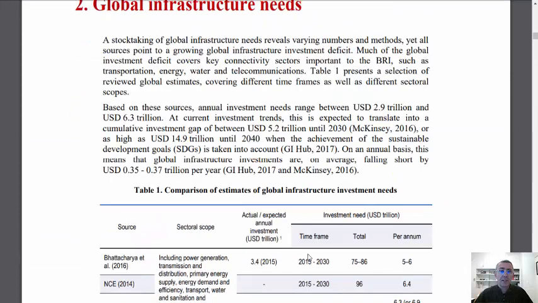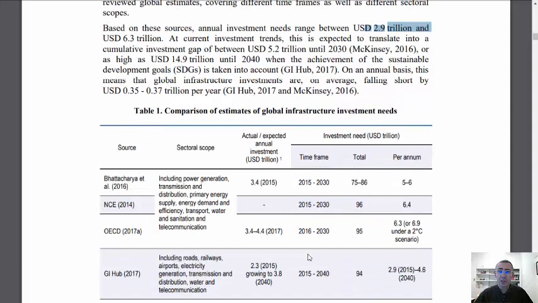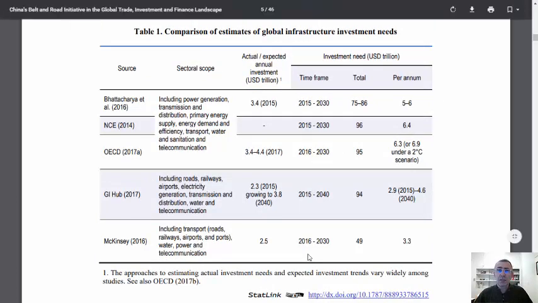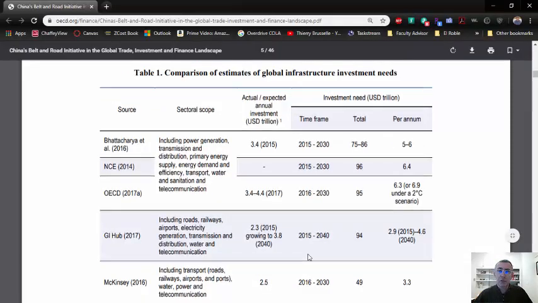Based on the annual investment needs, it is $2.9 trillion and $6.3 trillion. Again, this is an annual investment need for the development. Different groups have come up with different forecasts of how much money China needs to keep its infrastructure investment going with the Belt and Road Initiative.